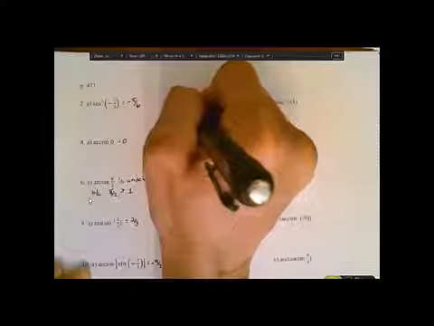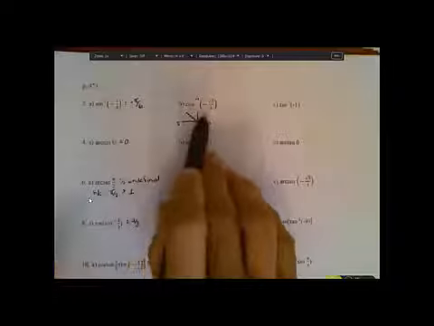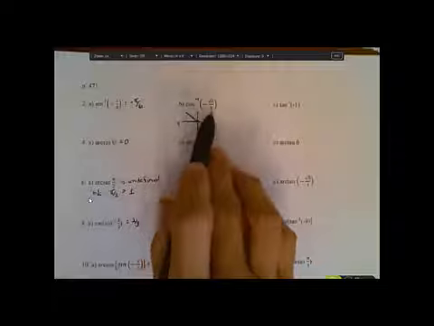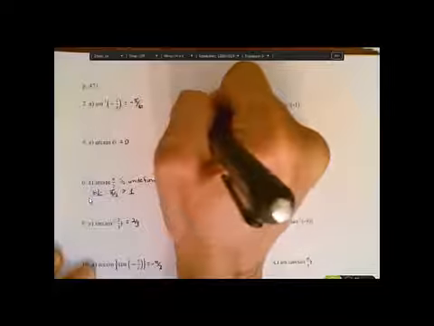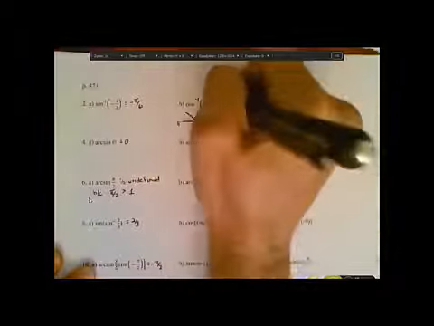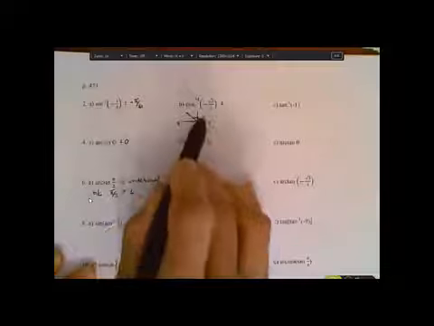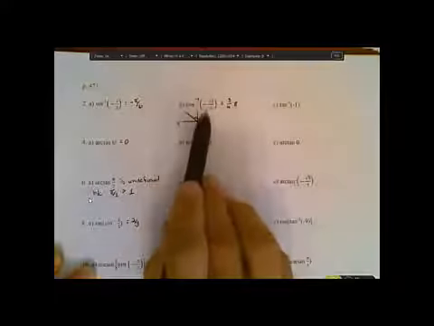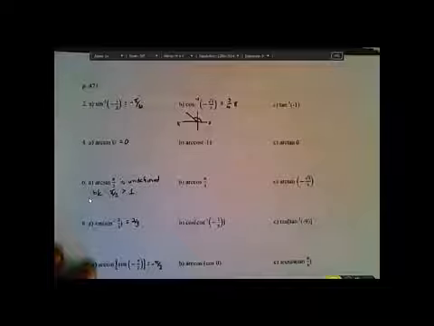So here would be the second quadrant angle where cosine would be negative square root of 2 over 2. And that would be a 135 degree angle, or 1/4, 2/4, 3/4 pi.